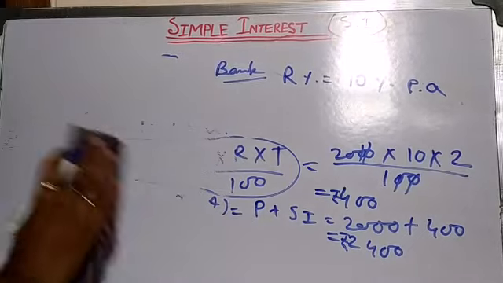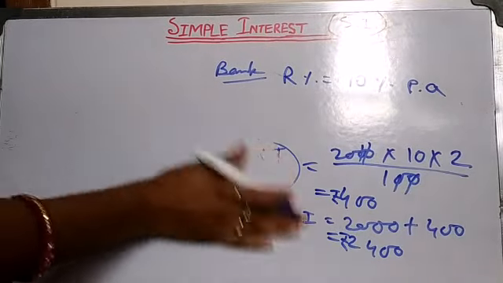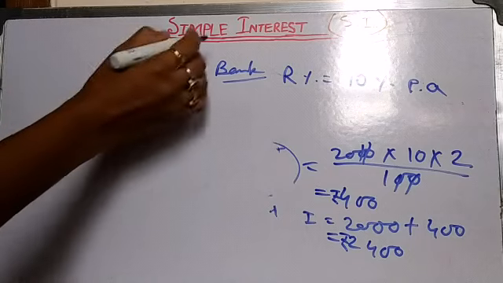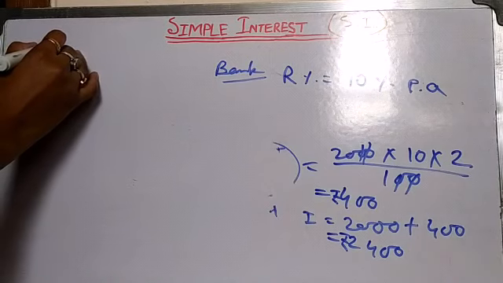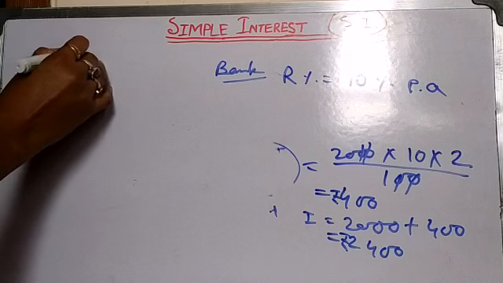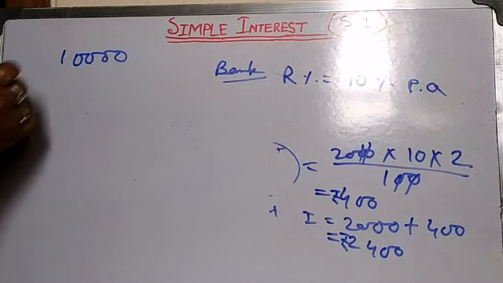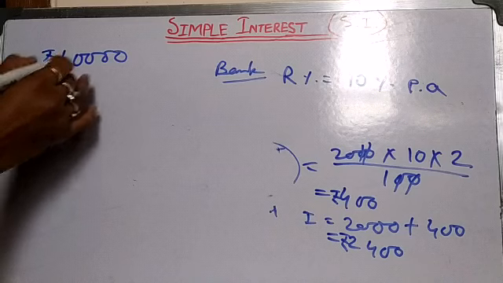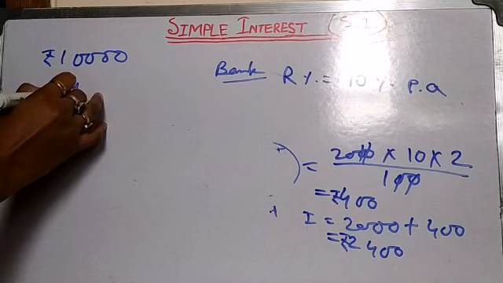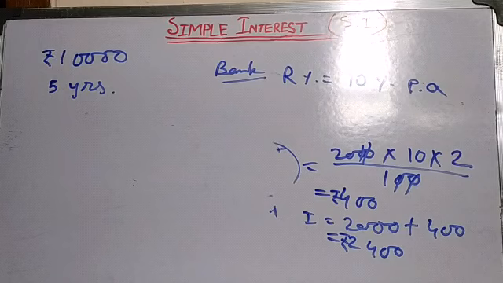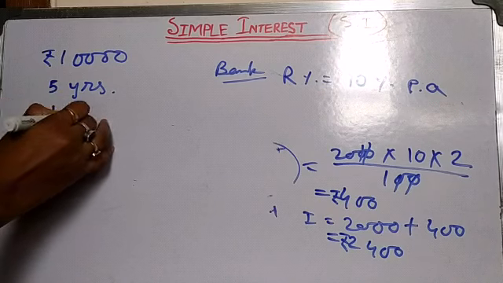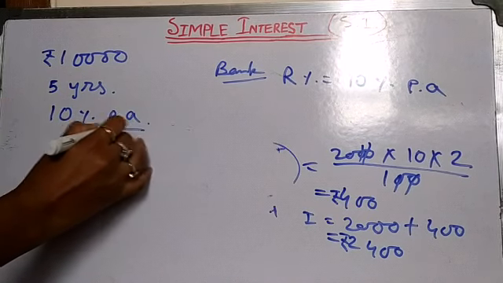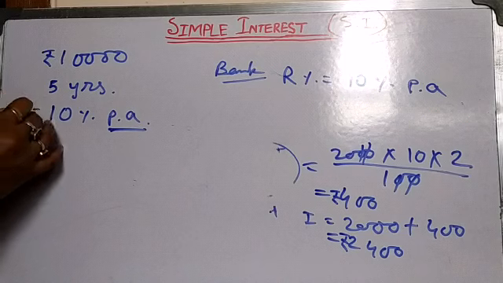If we want to take a loan from the bank, then also this will be used. Suppose 10,000 rupees I want to take from the bank as a loan. After some years, suppose after 5 years, I will return this money. Then the bank will take interest, suppose 10% per annum, per year.